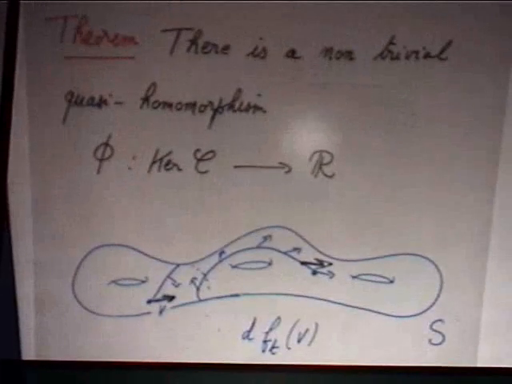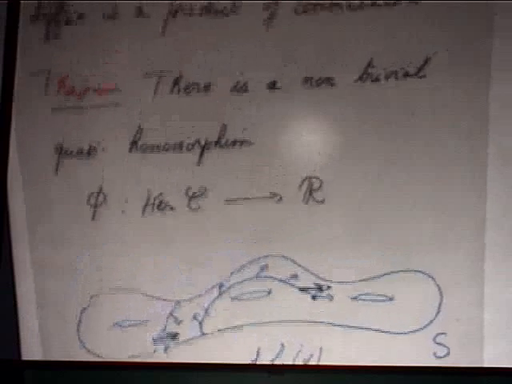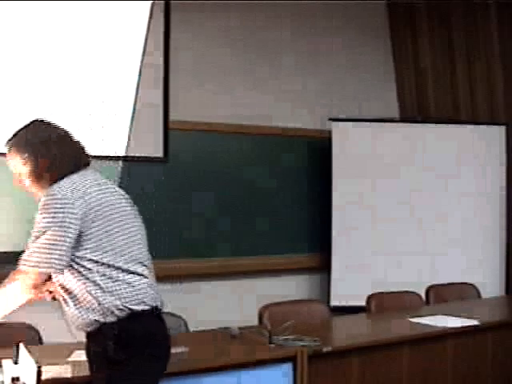However, you can play the following game. Lift everything to the universal cover. In higher genus, one knows that the universal cover of the surface of genus g is the hyperbolic disk with the hyperbolic metric. So when you lift this curve on the surface, it is a curve of vectors.